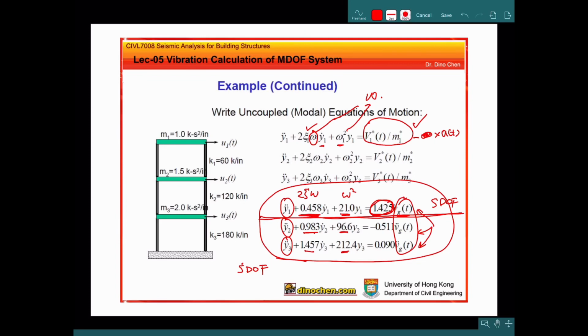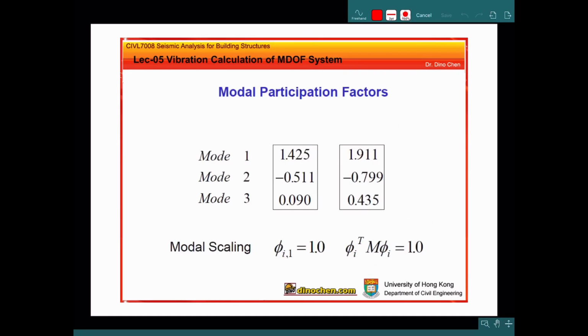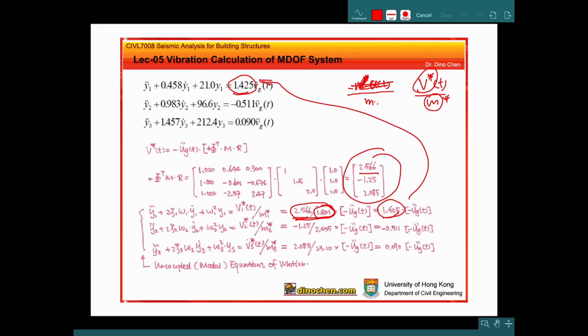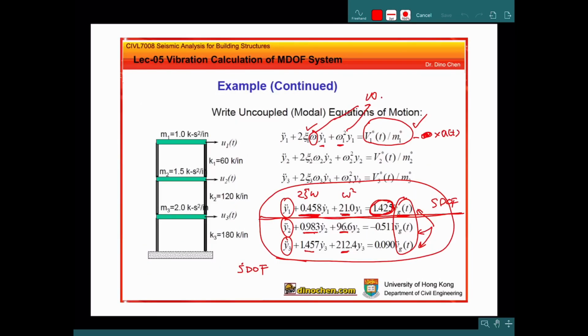So in this calculation, we just divide the MDOF system, like a 3DOF system, into 3 single DOF system calculations. It's quite directly derived from using the modal analysis.